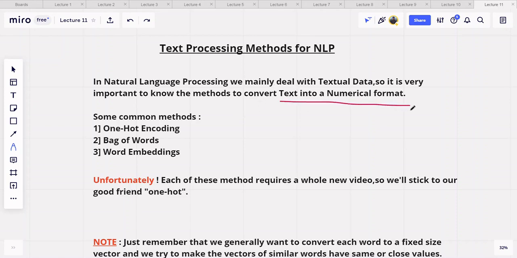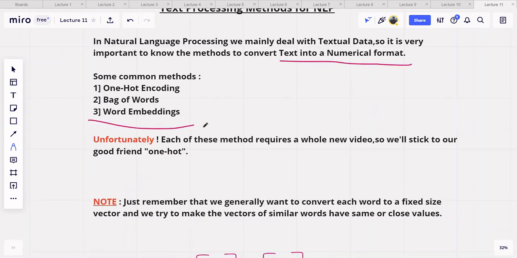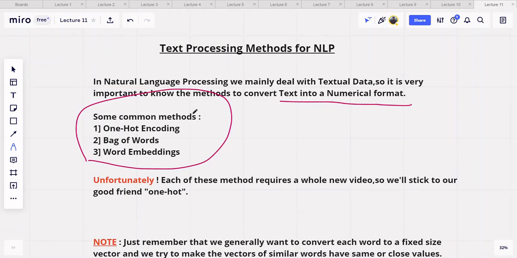Some of the very common methods used to do text processing, that is, to convert text data into numerical format, are one-hot encoding, bag of words, and word embedding.